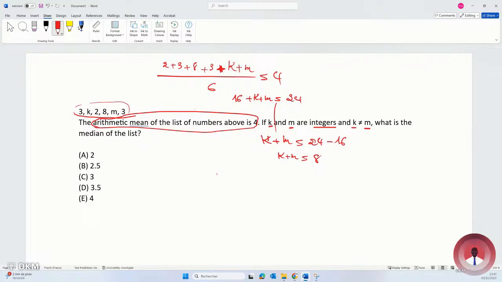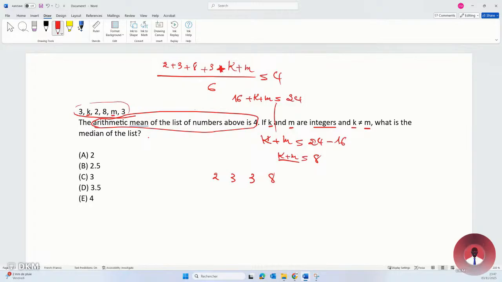So we have 2, which is the lowest of the numbers that we know. We have 3, another 3, and then 8. What we don't know here is k and m. But what we know is that k plus m is equal to 8, and they are integers.